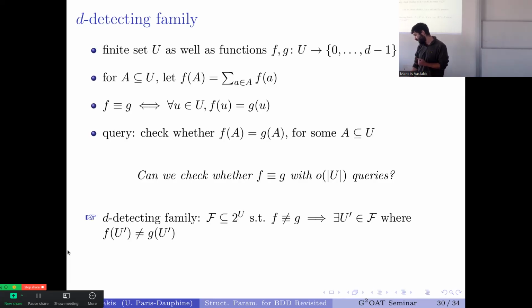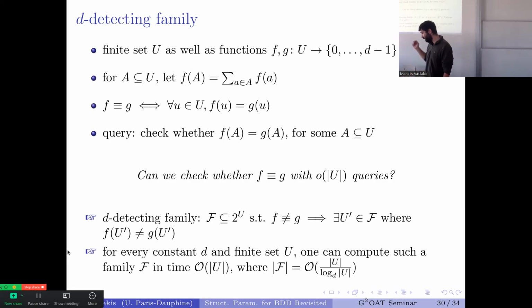And the answer is that if we have a set of subsets such that for any two functions, if they are different, there is a subset contained in F that verifies that they are different, this is a detecting family.